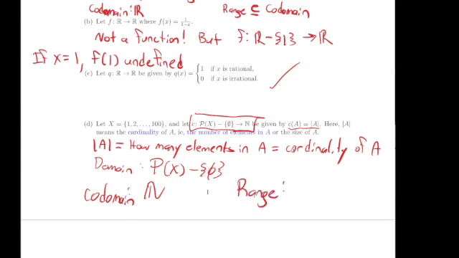This map is defined by taking every element of the power set of X, which is a set itself, and counting up how many elements are in that set. So what would the range of this be?